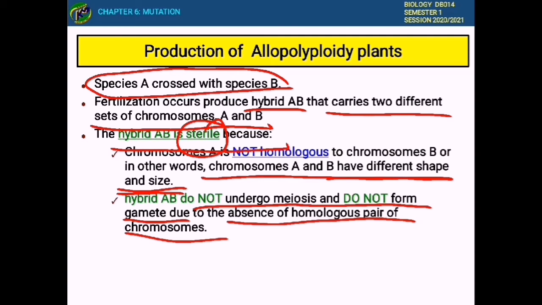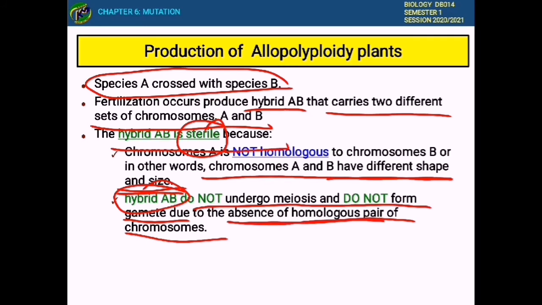But in this case, for allopolyploidy, species A and species B are two different species, so they have their own shape and size of chromosome. So hybrid AB is produced, but there are no homologous chromosomes.